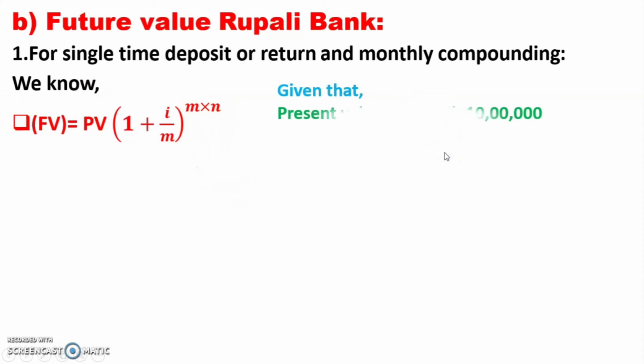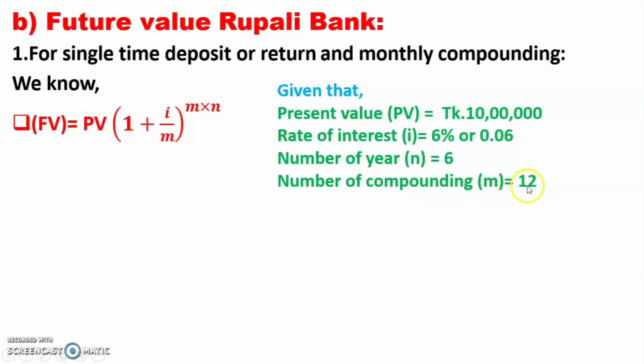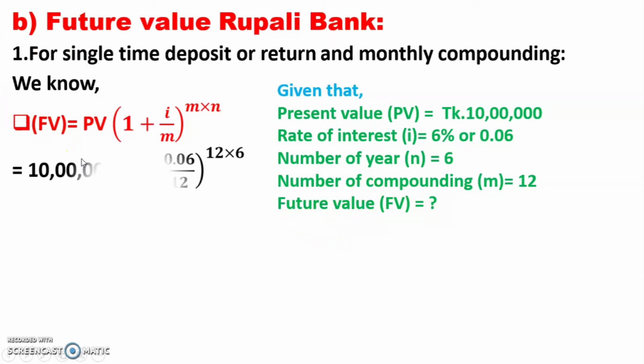Given that present value is taka 10 lakhs, rate of interest I equals 6% or 0.06. Number of years is 6. Number of compounding is 12 because this is the monthly compounding problem. Future value, what?